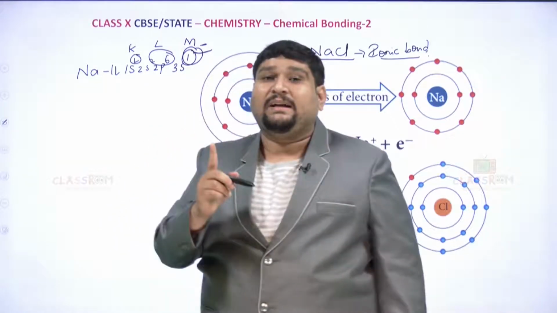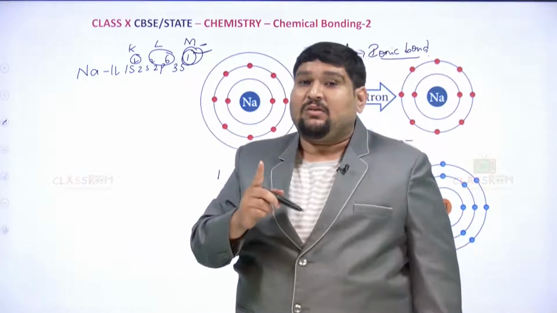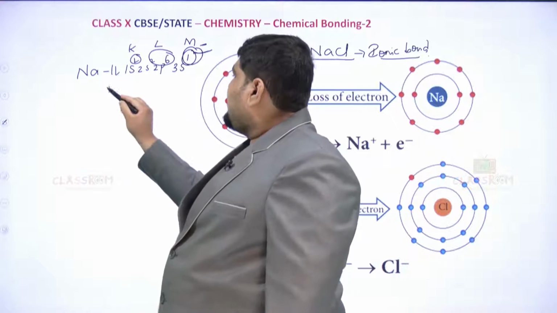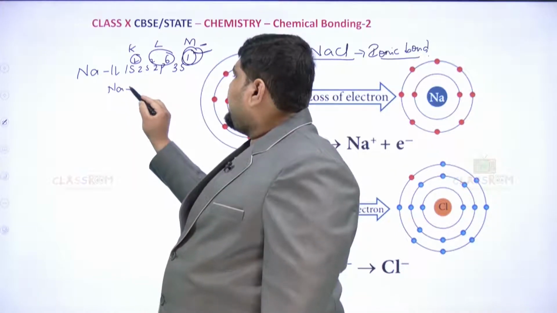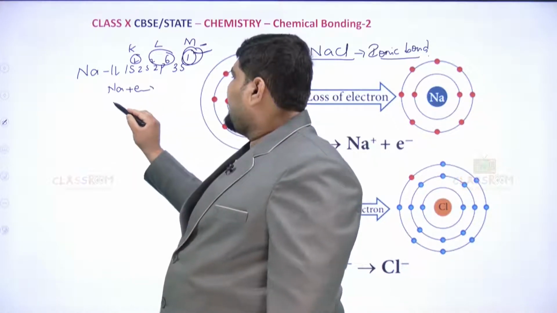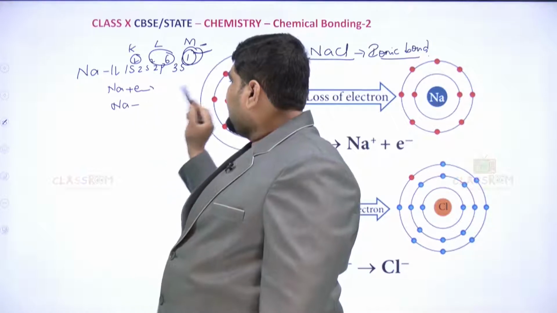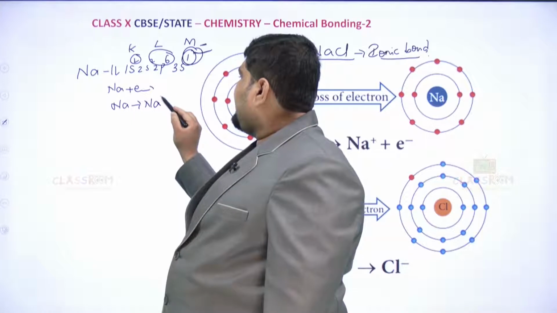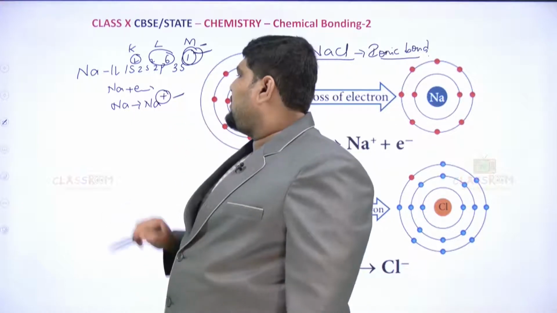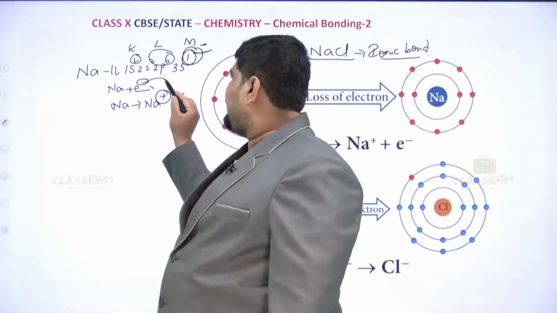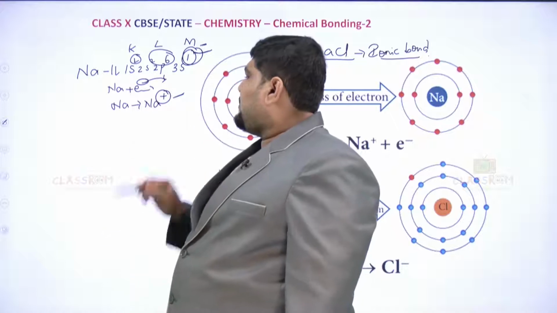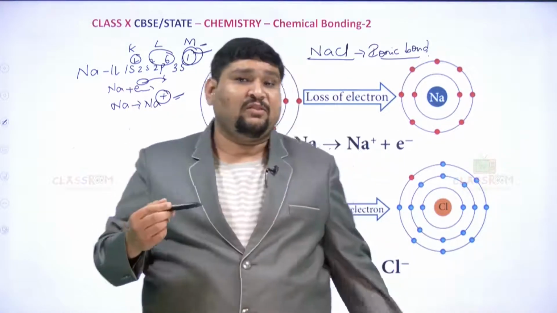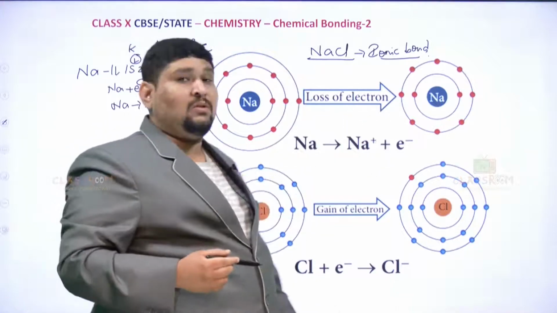So sodium contains 1 valence electron, and when it gives out that electron, it acquires a positive charge. Being highly electropositive in nature, there's a loss of electron.